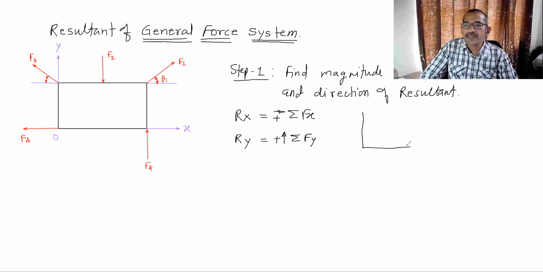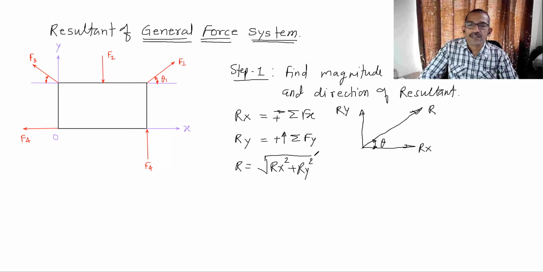Assuming Rx and Ry are positive, we represent this in one quadrant: Rx rightward, Ry upward. Then we find the resultant from these two components. To find the magnitude of the resultant, we apply the Pythagoras theorem: R equal to square root of Rx square plus Ry square.